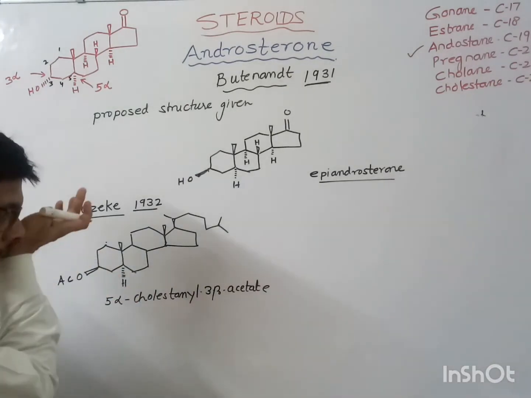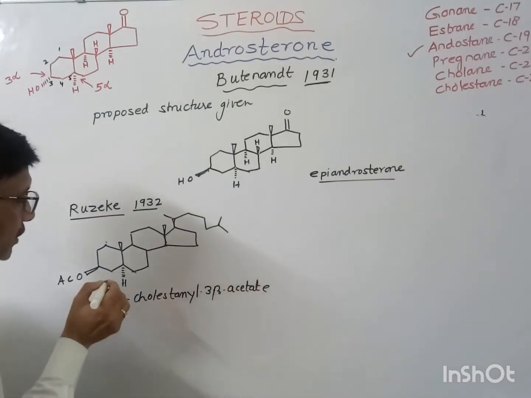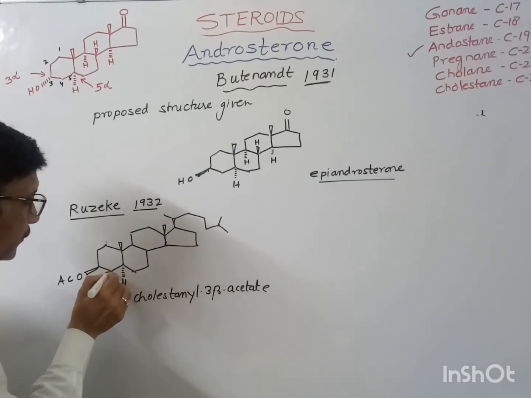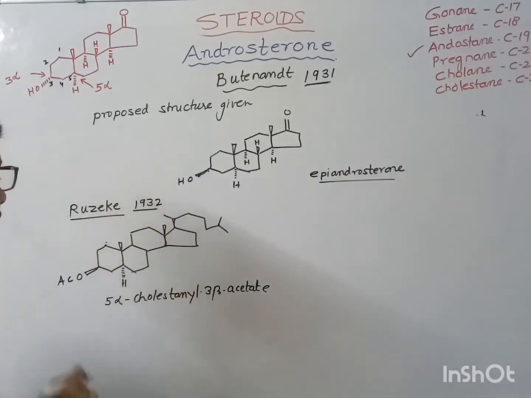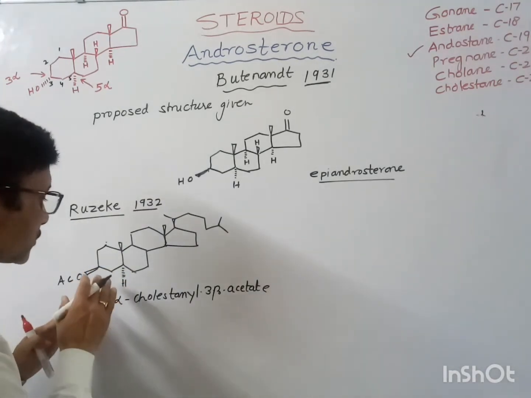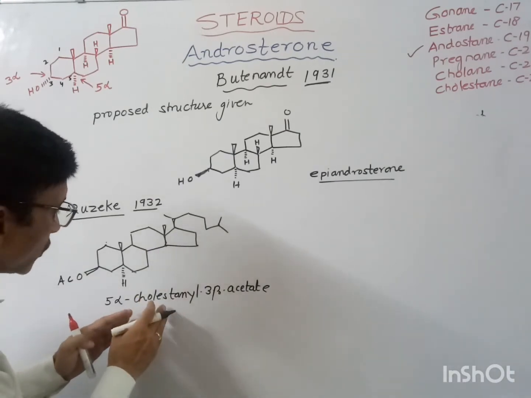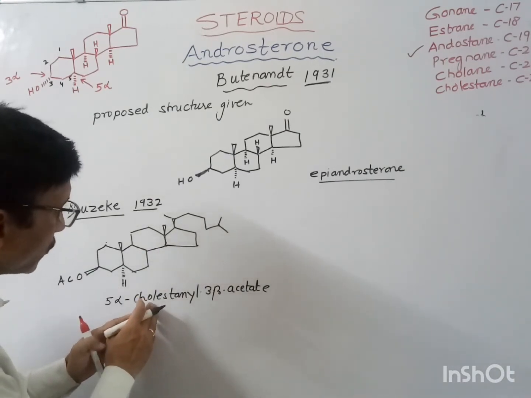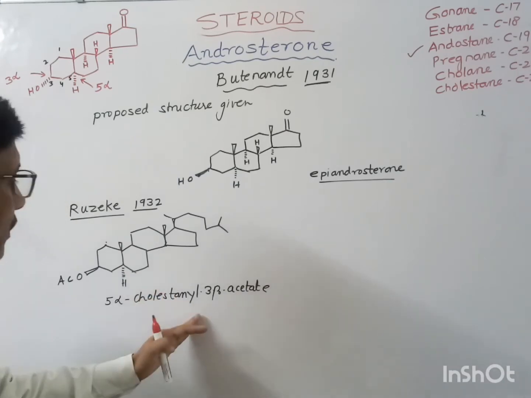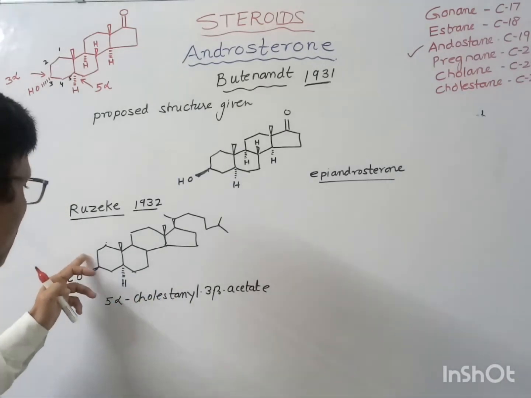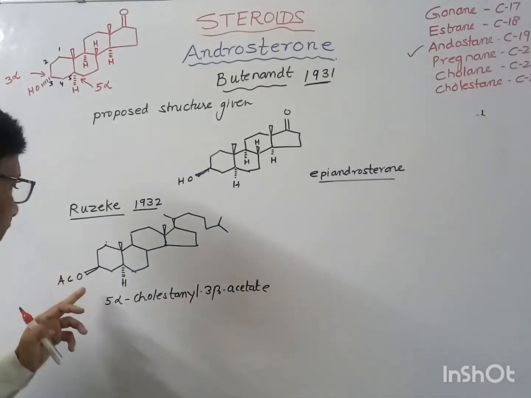Now in cholesterol we know that one of the double bonds is present at the fourth and fifth position. Here this double bond is removed, and now we can write it as a cholestanol, and at the third position this acetate group is present.